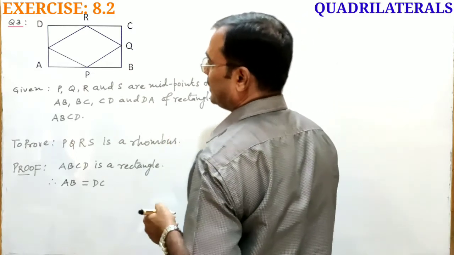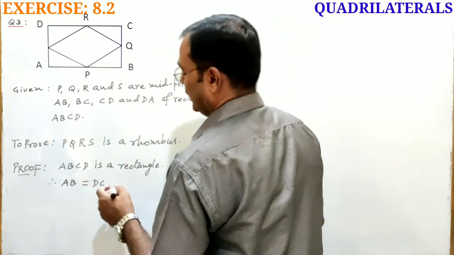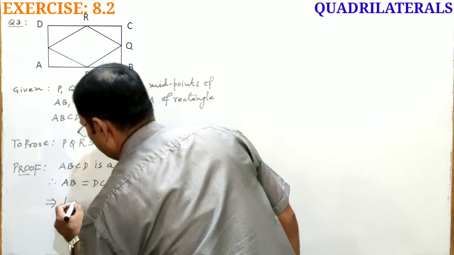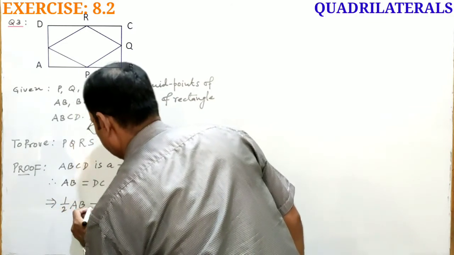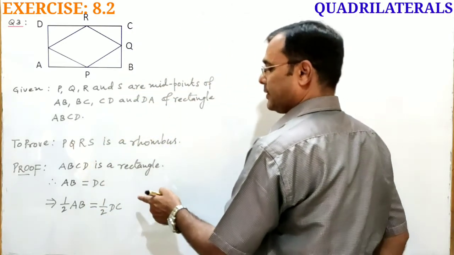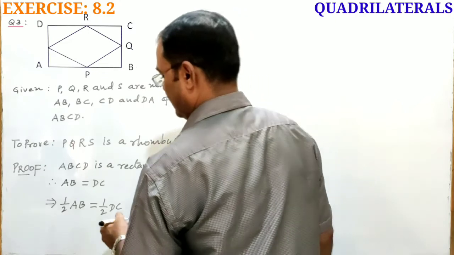Opposite sides of a rectangle are equal, and this implies that half of AB is equal to half of DC, because halves of equals are equal.